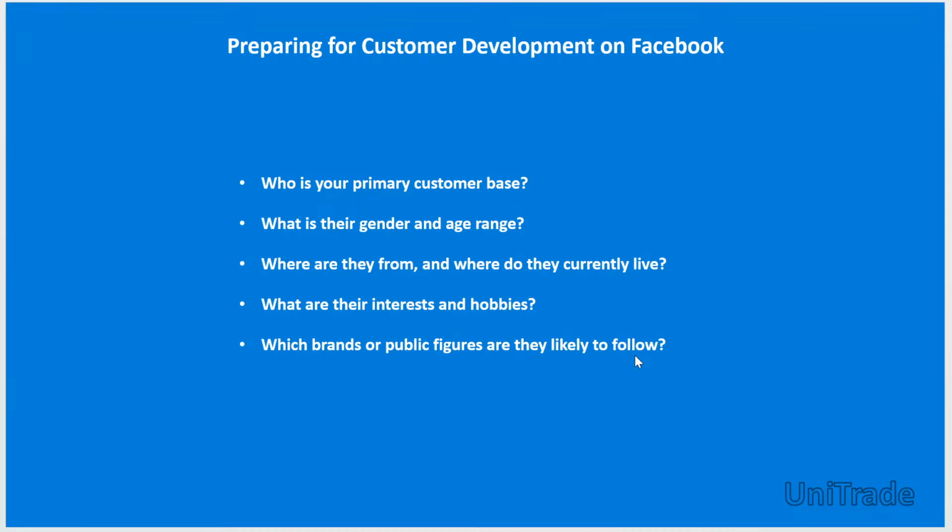Secondly, as we discussed in our previous session, properly setting up and maintaining your personal profile is crucial. When using Facebook for business development, ensure both your personal profile and your business page are complete.